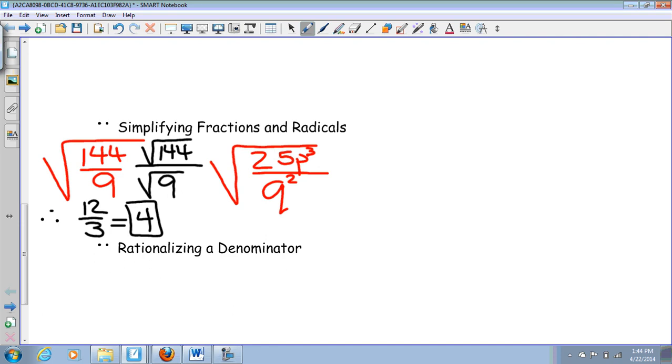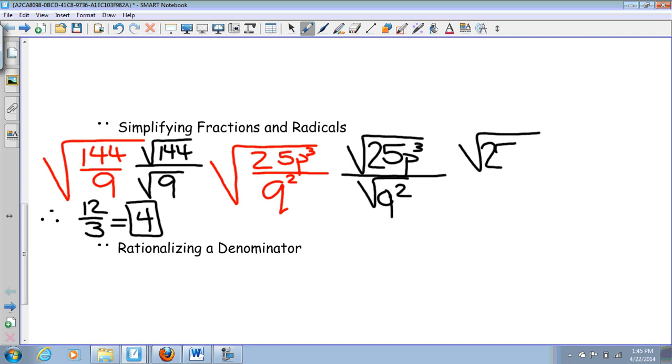Doing that same thing here, separating them out, the square root of 25p to the third over the square root of q squared. Remember I talked about doing this as 25, we know that's a perfect square, times p squared times p, over the square root of q squared.